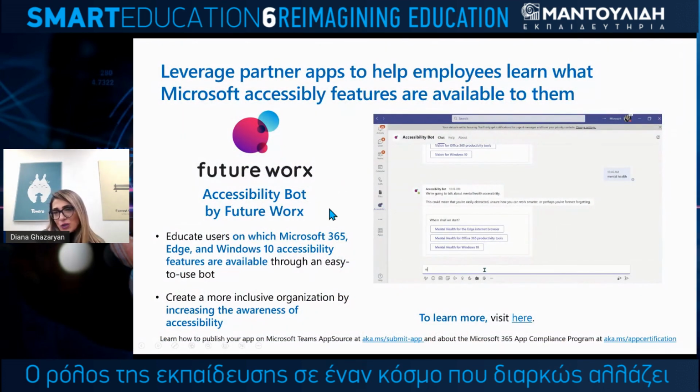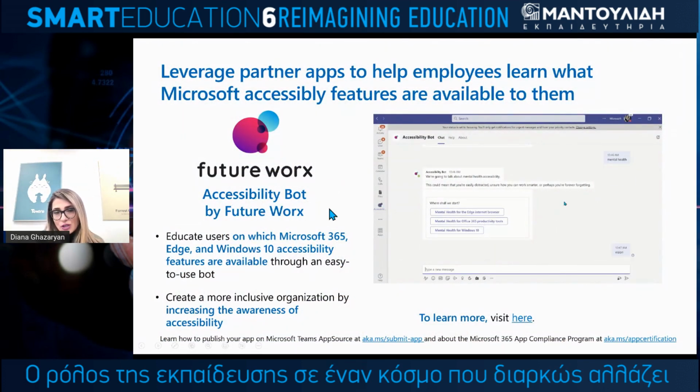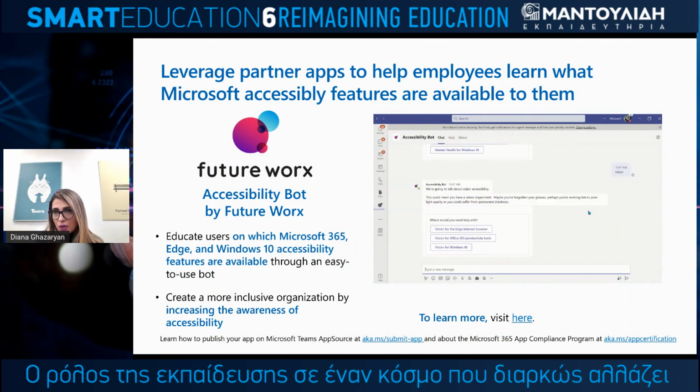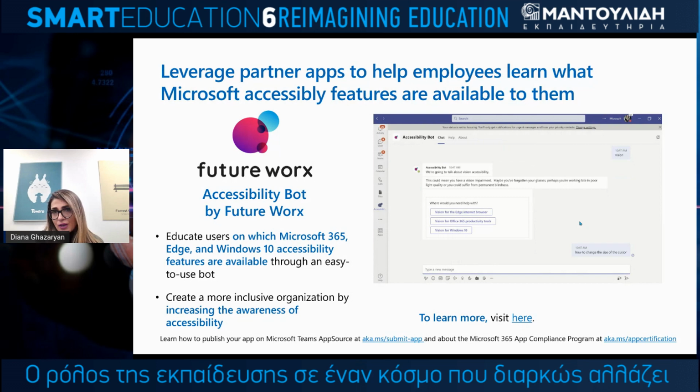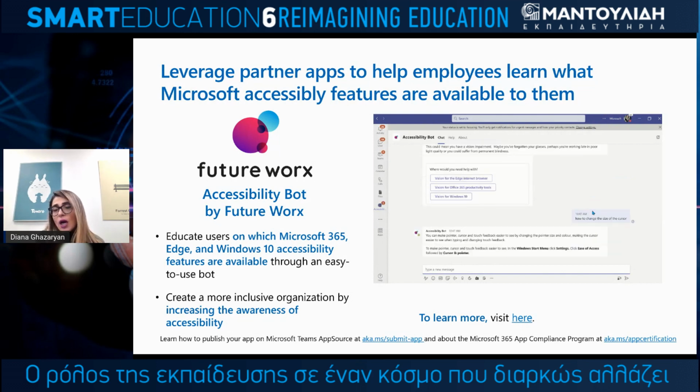One thing that I wanted also to mention here, and this again relates to the awareness of things that we have built in our products. So during the COVID time, one of the universities realized that a lot of kids do need help, but they don't really know what is out there. So this is a partner accessibility bot developed.